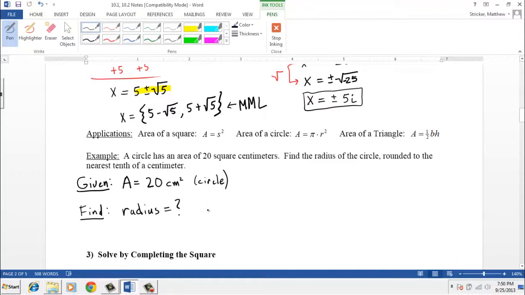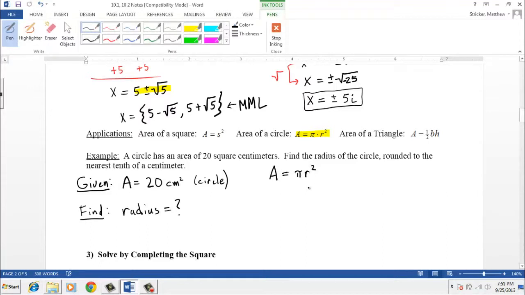And so I guess the next question we want to ask is, which of these formulas up here are we going to use? Are we going to use A equals side squared, the area of a square, A equals pi r squared, the area of a circle, or A equals 1/2 base times height? And since we're talking about a circle here, we are going to use the middle formula. So we're going to start with the fact that the area of a circle is pi times radius squared.